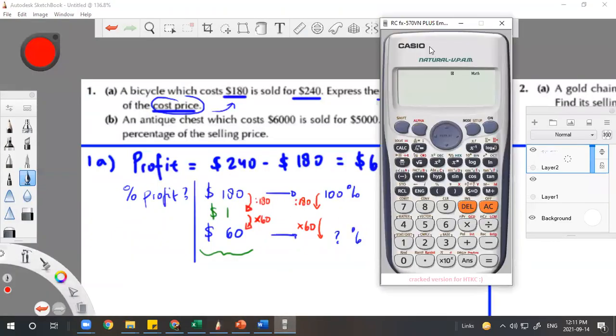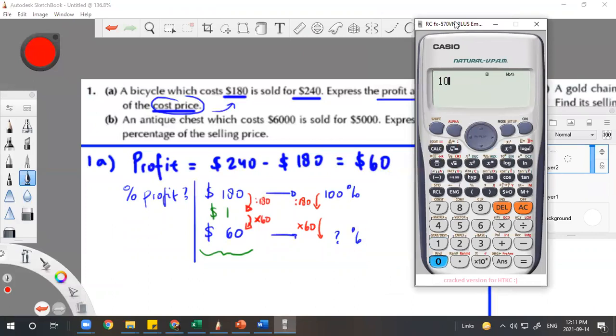From 100, you divide by 180, right? On the first step, it equals 5/9. You multiply again by 60. We will get 100/3%, which is 33.333%.